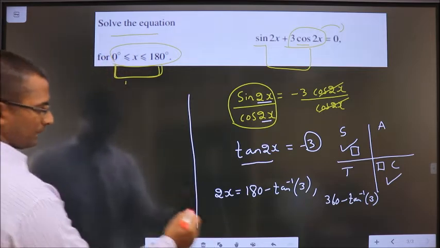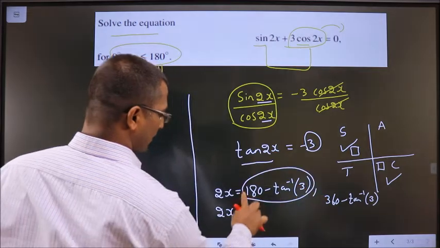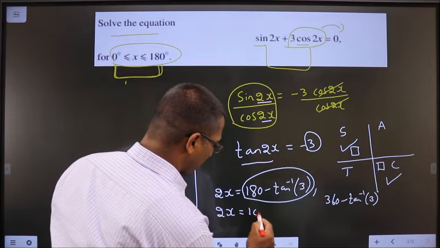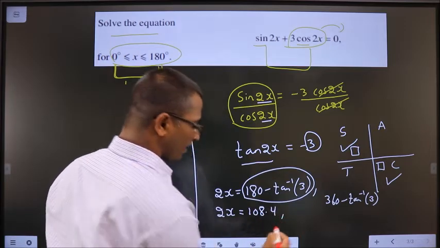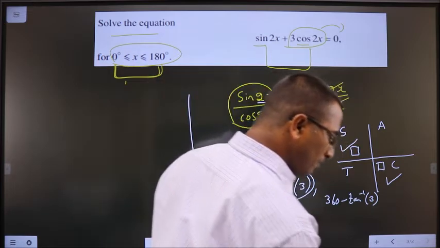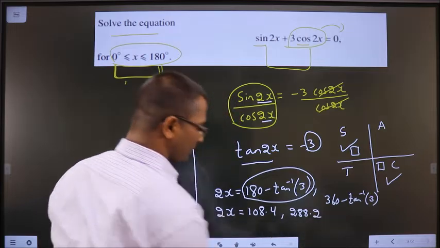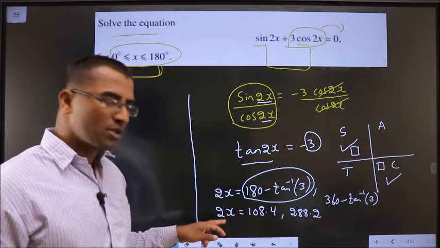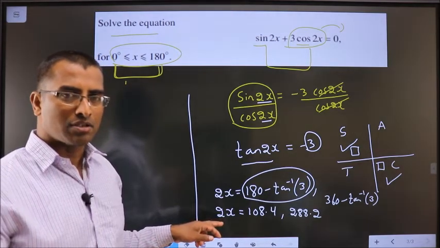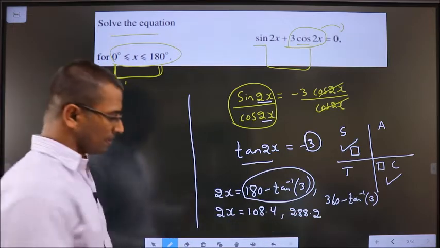So now 2x equal to, if you put this in the calculator, you get the answer to be 108.4, comma. If you put this in the calculator, you get the answer to be 288.4. These are the values of 2x, but you are trying to find the values of x, that you could get if you divide by 2 throughout.